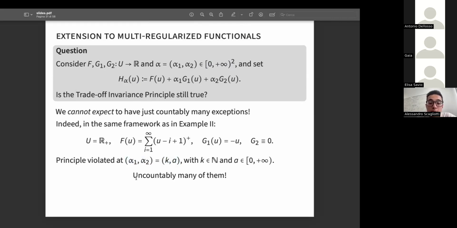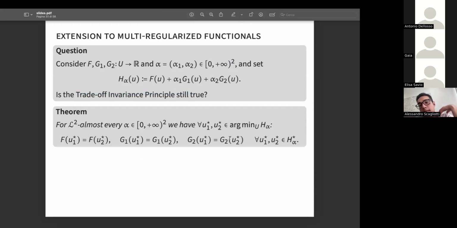Despite the number of points being uncountable, a countable union of lines has Lebesgue measure 0. So we may conjecture that the trade-off invariance principle is true if we exclude a Lebesgue negligible subset. And this is indeed the case.